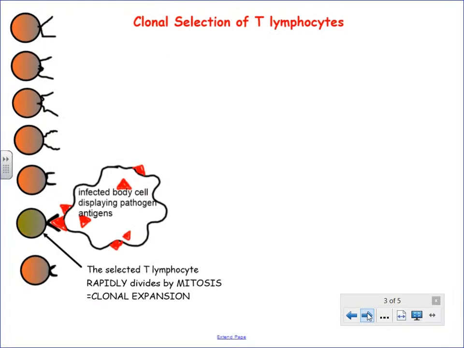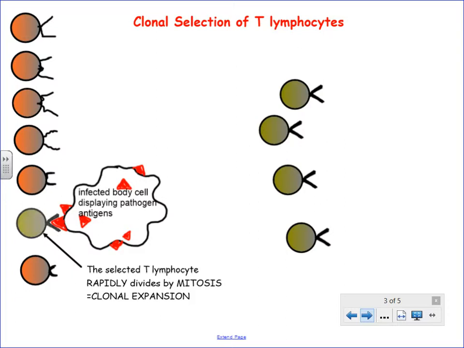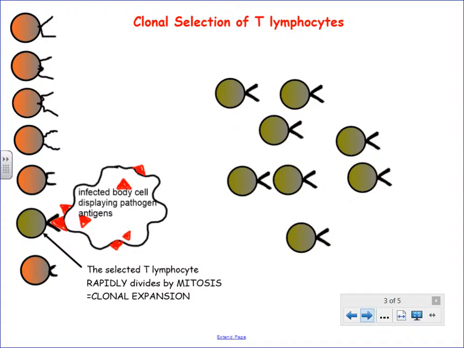Once that particular clone has been selected, it will be stimulated to divide rapidly by mitosis to expand this particular clone of T lymphocyte. Hence, once more, this is called clonal expansion. Don't forget the key terms such as mitosis.